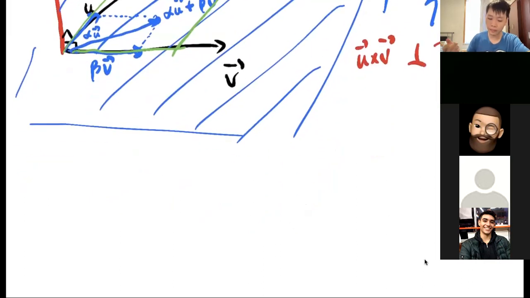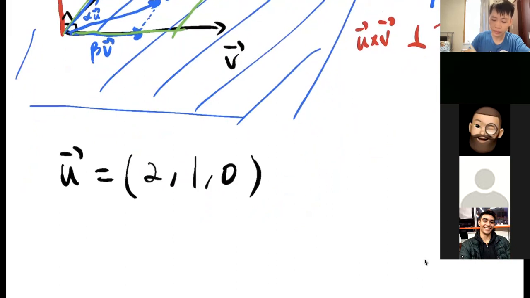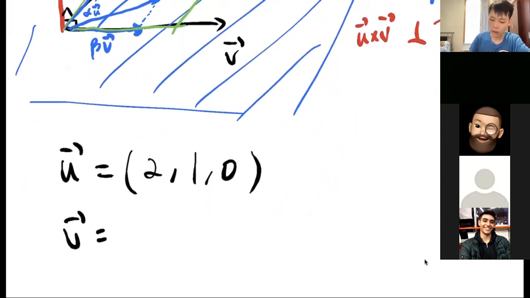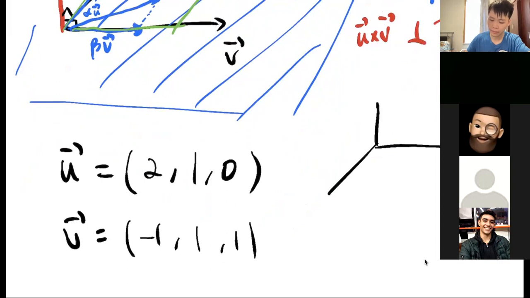Are you going to give an example right now? Yes, of course. Let's say u is (2, 1, 0), and v is, let's say, (-1, 1, 1). So u looks something like this.